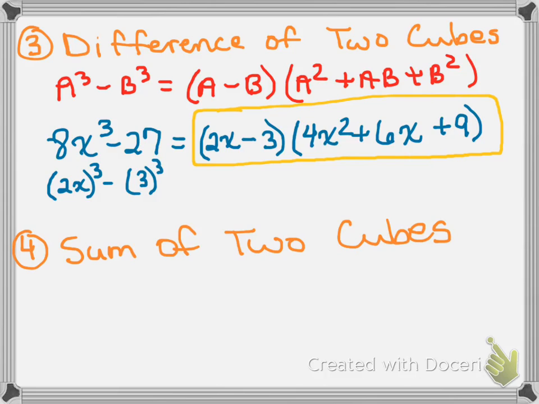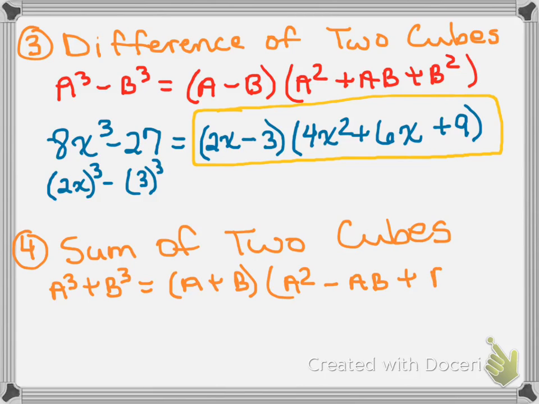But the sum of two cubes, a cubed plus b cubed, will factor. It factors into something very similar to the difference of two cubes pattern. It will factor into a plus b times a squared minus ab plus b squared.